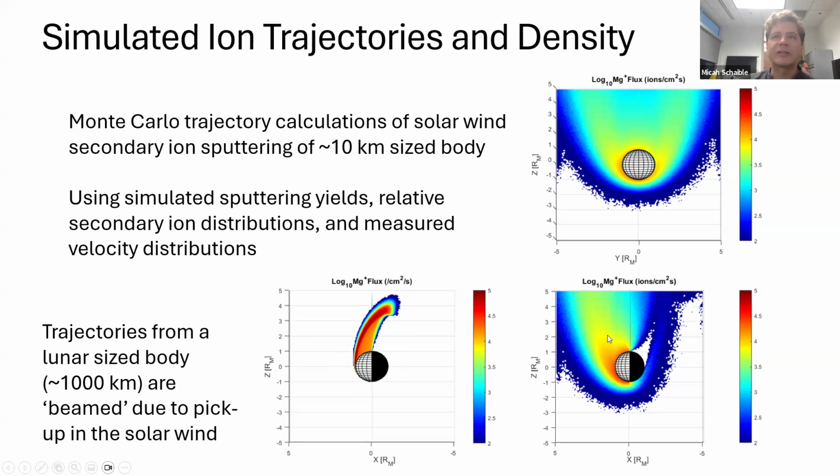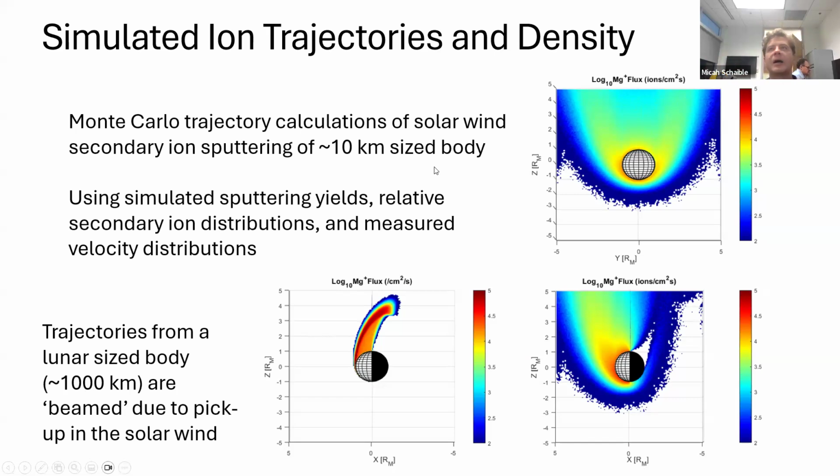Now, this is not going to affect the lunar surface measurements that much because you're going to be in an even better scenario than in these small body situations, where you can get right up close to the surface, within centimeters if you really want to, and be able to collect those sputtered secondary ions basically all the time.